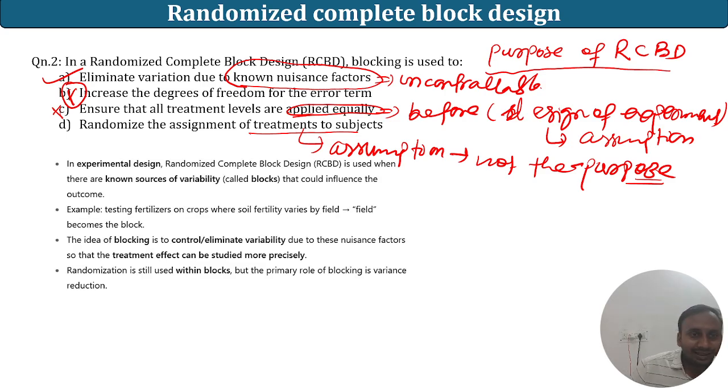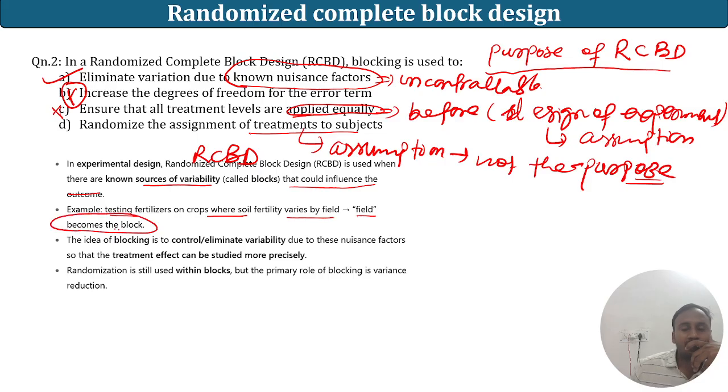So in the experimental design, the RCBD is used when there is a known source of variability called blocks that could influence the outcome. Let's say for testing fertilizer on crops where soil fertility varies, the field becomes the block. That is the soil type, or the moisture level.